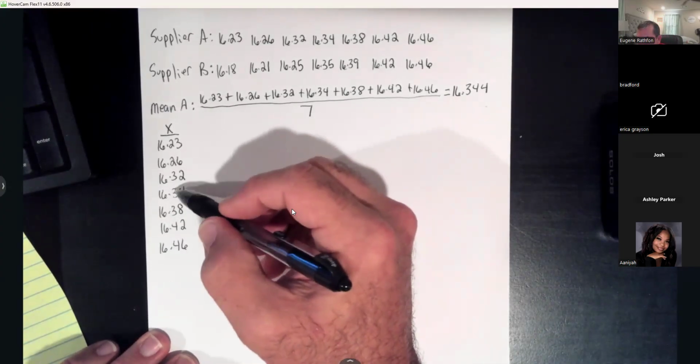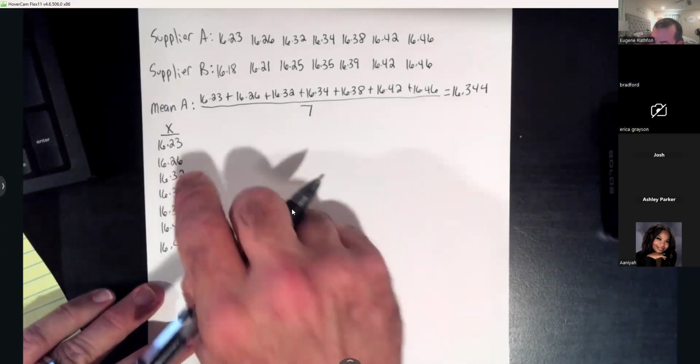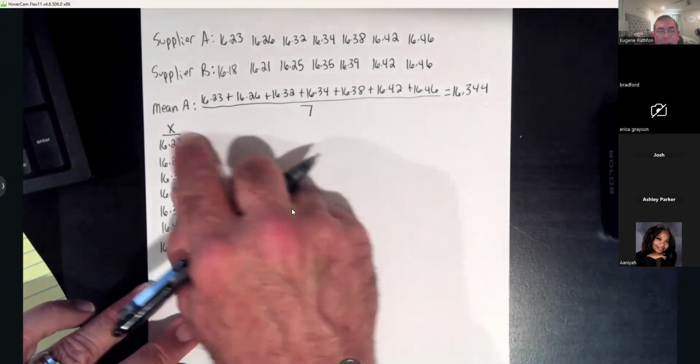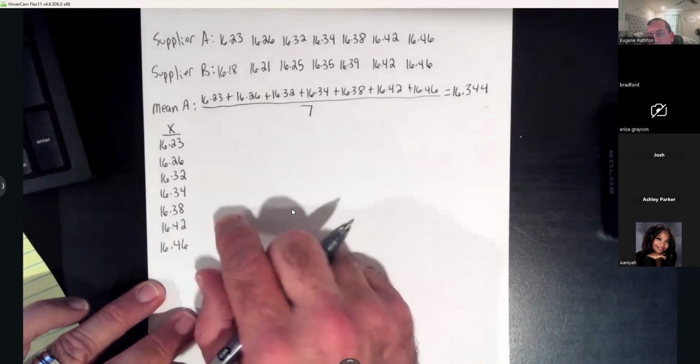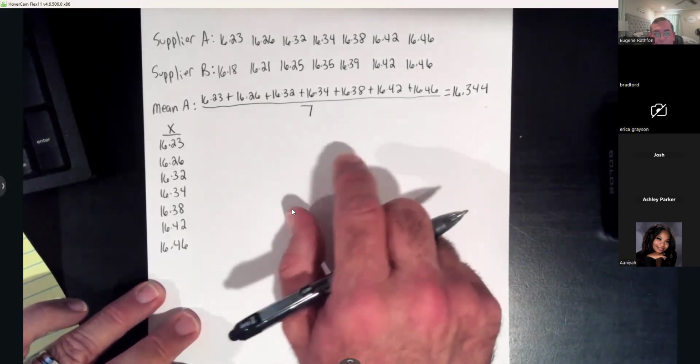So I've got my 7 data points. Remember, I make a chart because standard deviation takes a little bit of a process, okay?